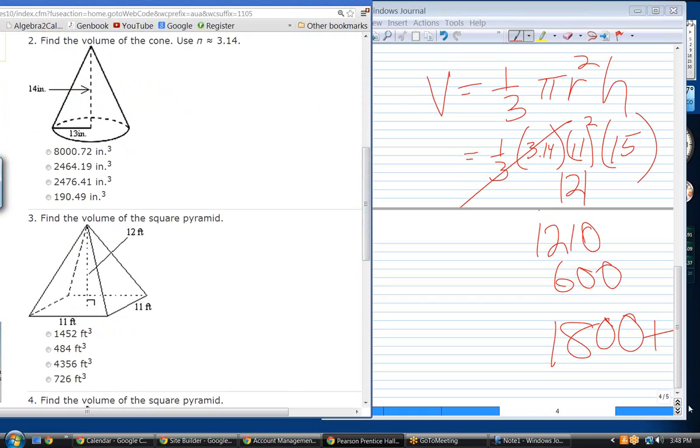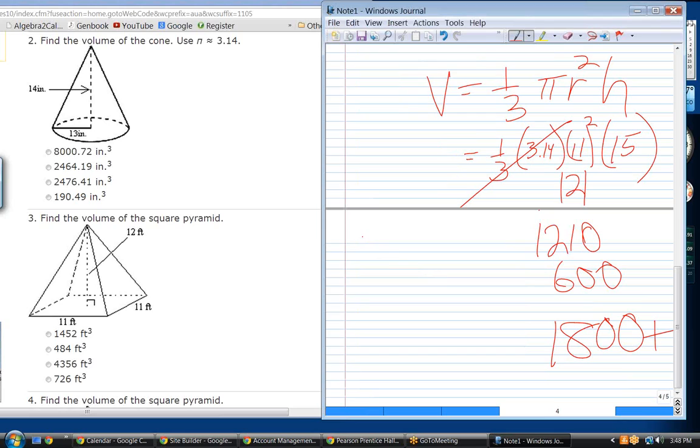Okay, what would this one be? Alright, so you go 1 divided by 3, so 1 over 3 times 3.14 times, where is that, times 13, is that what that says?